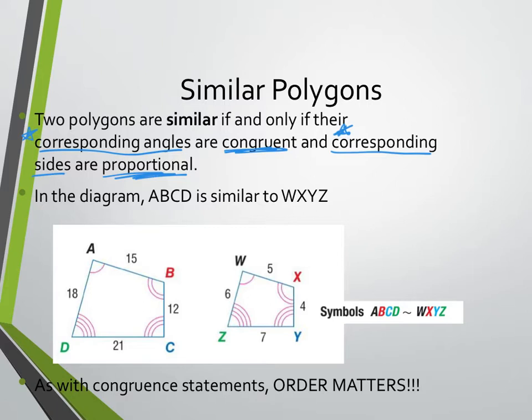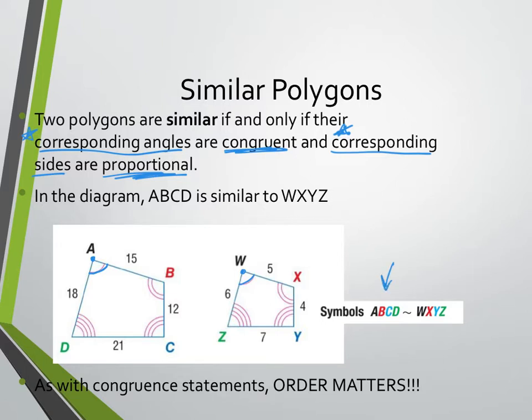So look down here at the diagram. We have diagram A, B, C, D, and it is similar to W, X, Y, Z. So if you look at these two polygons, A is in the top left, W is also in the top left. They are both marked with the congruency mark, fitting the definition. And the other angles are also marked.